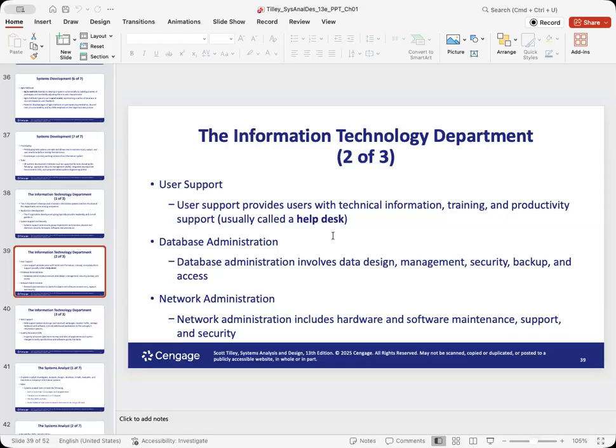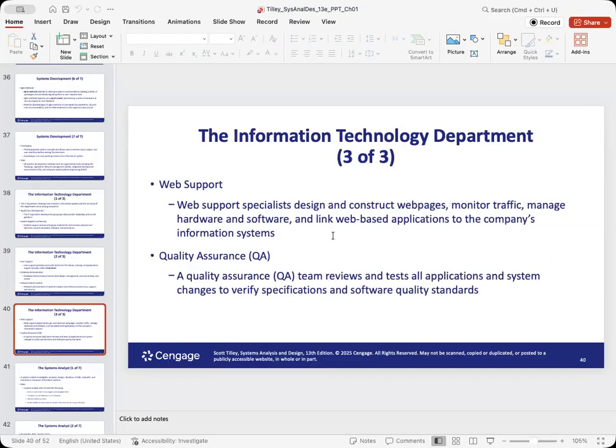If a system is not working and a user calls, they will connect you to the IT department, and the help desk will help you and support you. And I also have web support. These are people that are specialists in design and construction of web pages. They monitor traffic, manage hardware and software, and also link web-based applications to the company's information systems. And then the quality assurance, the QA.